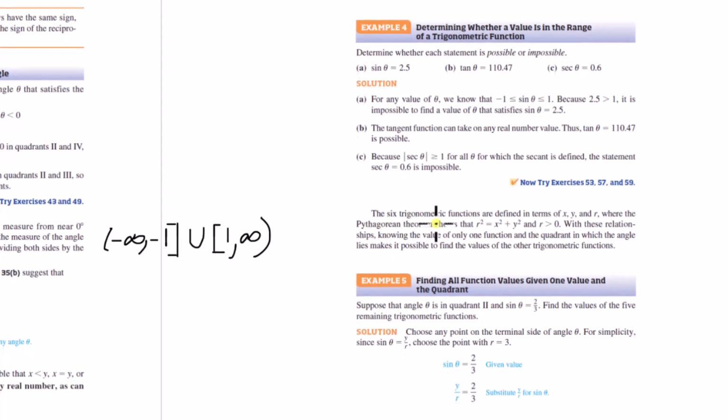It says the 6 trigonometric functions are defined in terms of x, y, and r, where the Pythagorean theorem shows that r squared is equal to x squared plus y squared, and r is greater than 0. With these relationships, knowing the value of any one function and the quadrant in which the angle lies makes it possible to find the values of the other trigonometric functions.